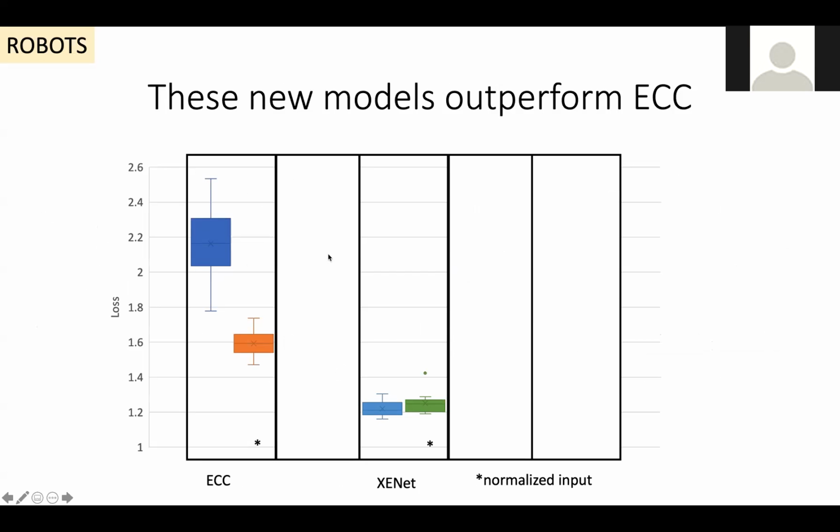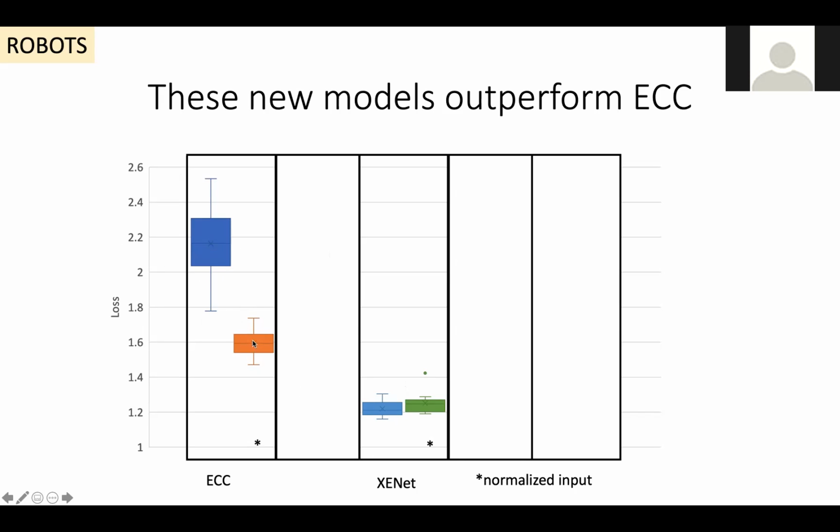Forgive me for adapting a larger figure for something like this, but we're showing the same data as before: the validation loss for ECC and XCNet. The difference is within each box, the left and right have the unnormalized data being input and then the normalized data input.